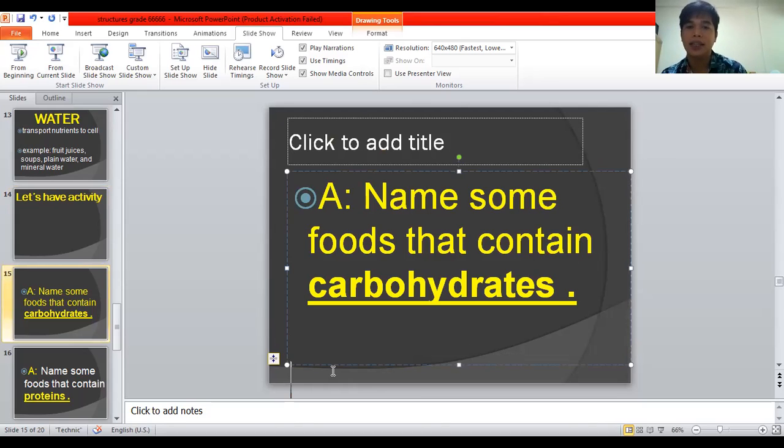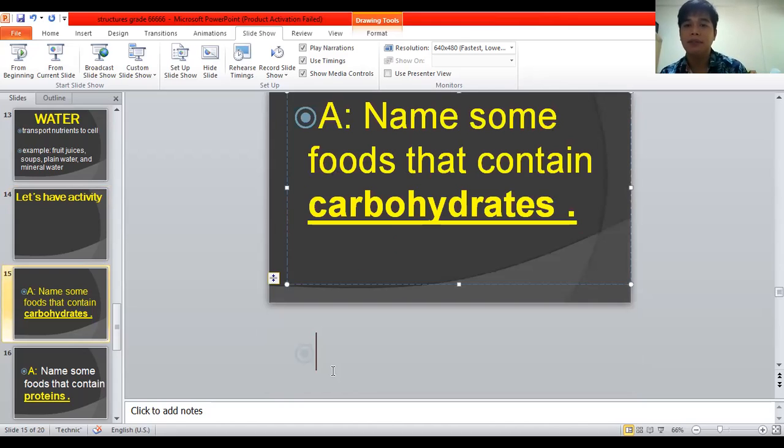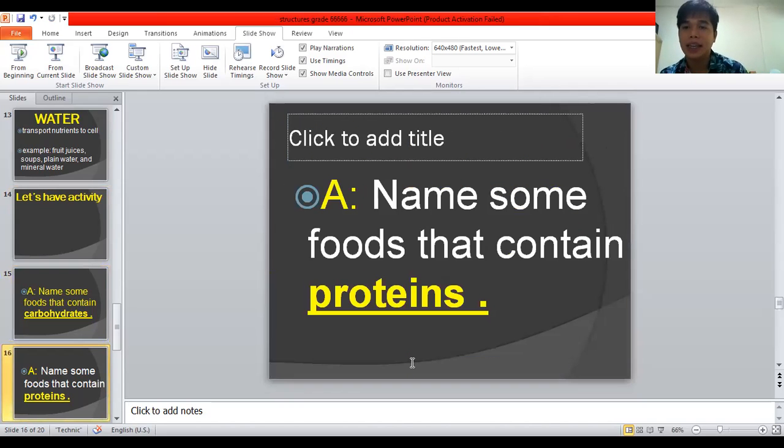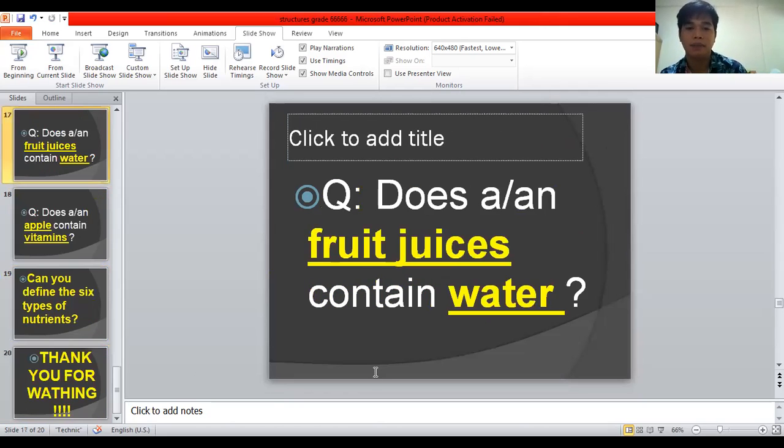Very good. Now, another example. Name some foods that contain proteins. 3, 2, 1, starts now. Very good.